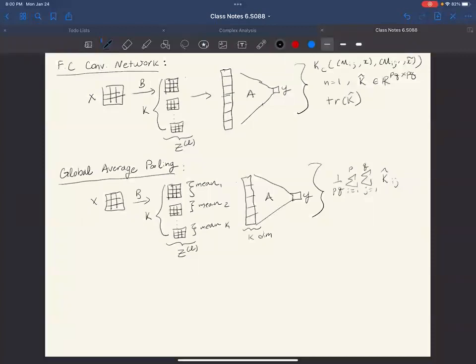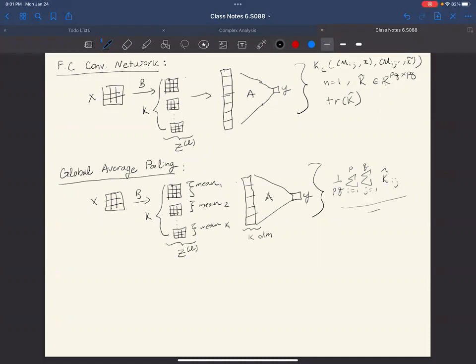Okay, so you can see that the two different layer choices here have two very drastically different effects on the kernel. And now, one interesting finding is that this one is very expensive to compute. You actually have to end up computing the giant PQN by PQN matrix and then averaging over all of these things.